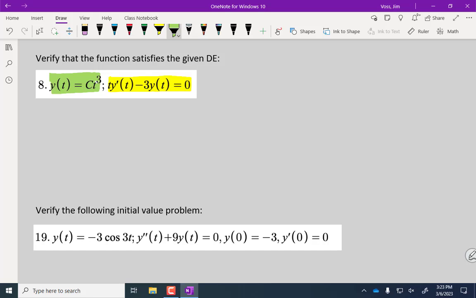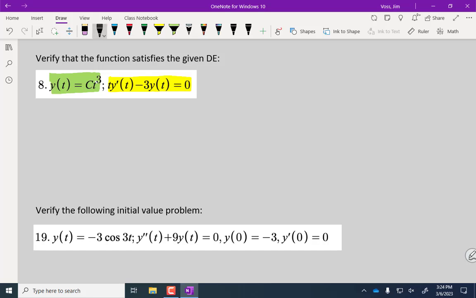There's nothing complex here. All we're doing is verifying, just like you did way back in algebra when it said, verify this ordered pair is on the curve. You just plugged it in and checked to see if you got a true statement. Same idea. We're going to take this function, its derivative or derivatives, plug it into the equation and see if we have something that's true. That's it. That's how we check.